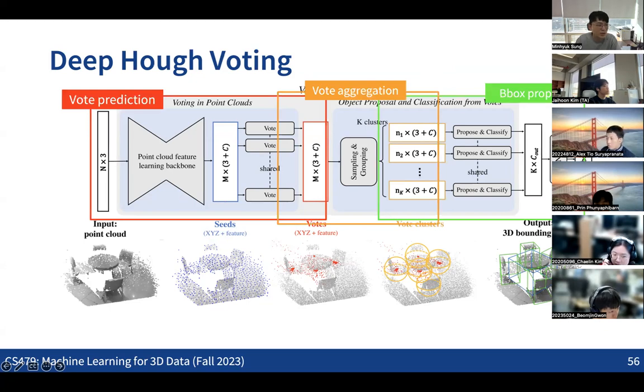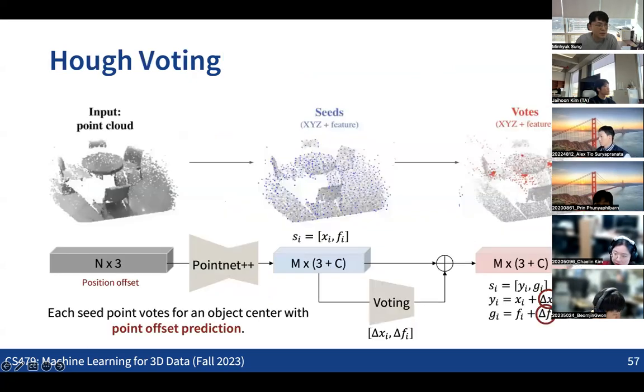At the very beginning, we use PointNet++ to obtain some seed points. If you recall the PointNet++ architecture, there is a hierarchy of point resolutions, right? We reduce the resolution of the points in a way that hierarchically merges local information.